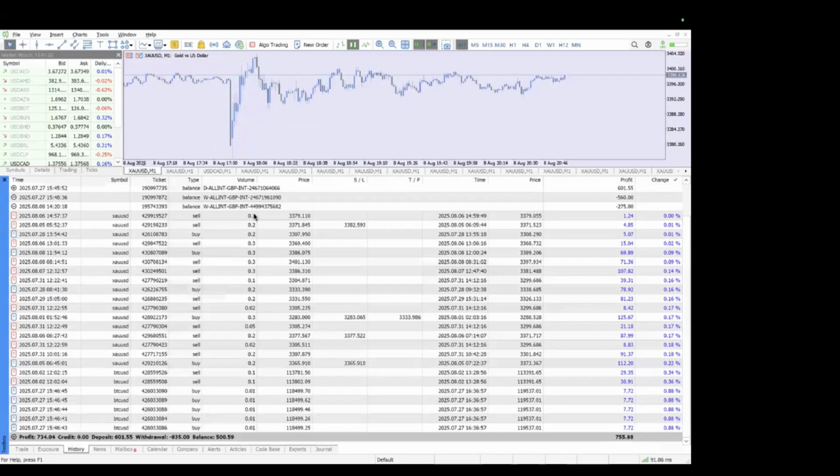I just want to get myself familiar with the lot size scaling. That's why I needed it. Okay, I've screenshotted it.